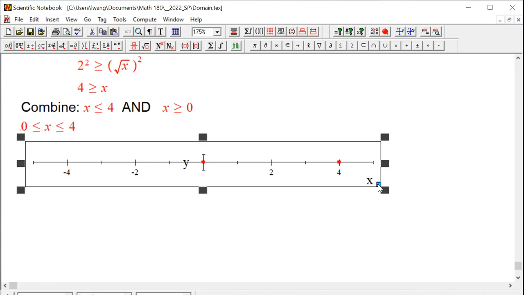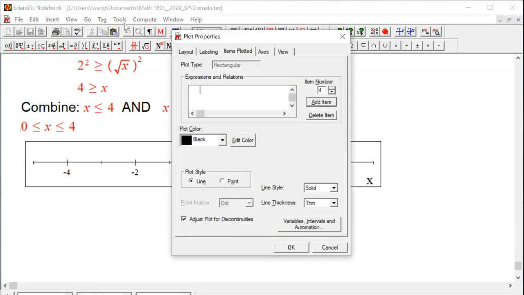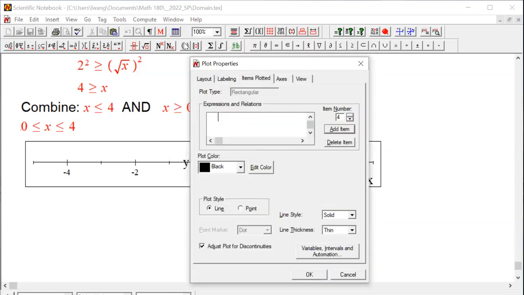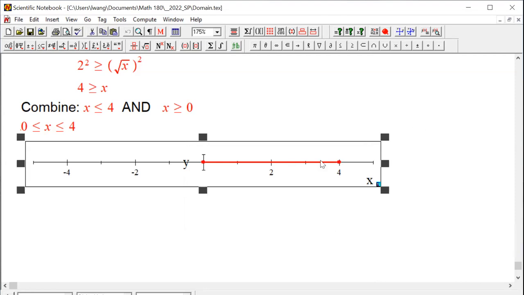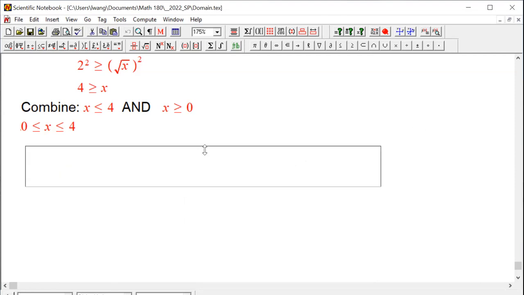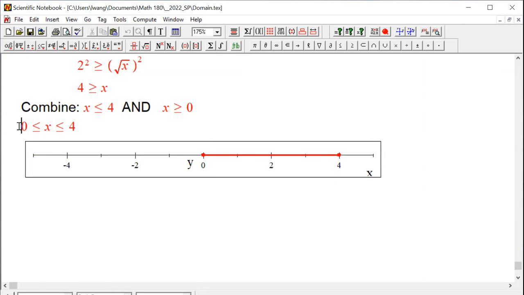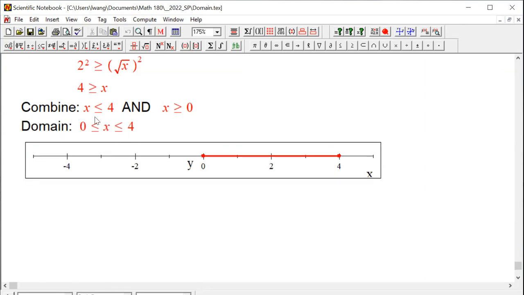So on the graph, you can see that interval can be marked by a red, thicker interval indicated like that. Once again, this interval in inequality form is preferred, and it tends to be very, very useful.